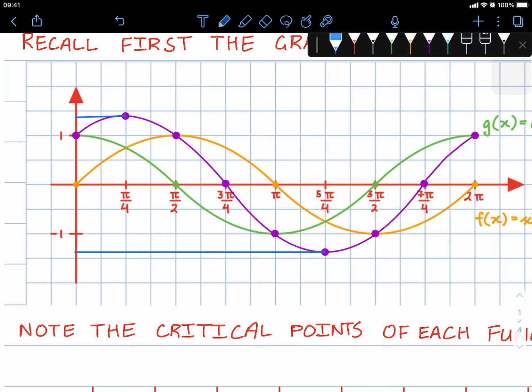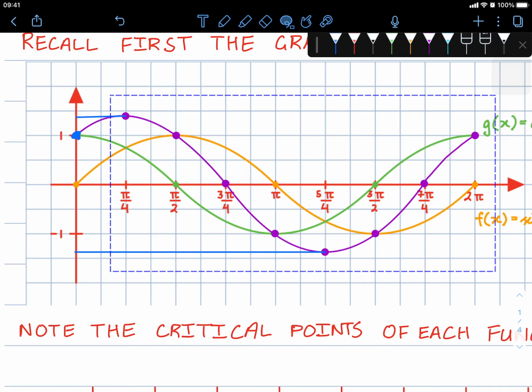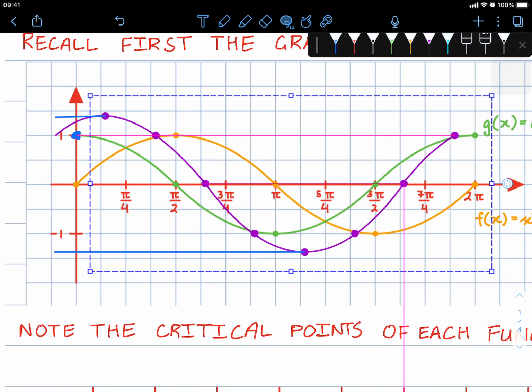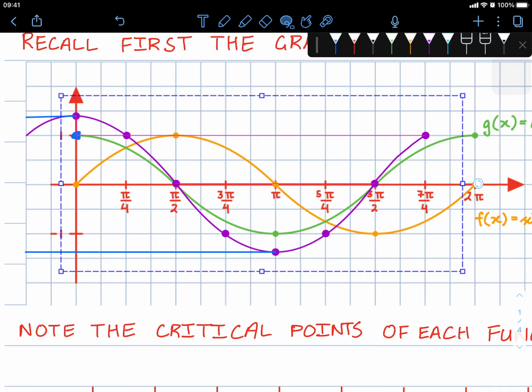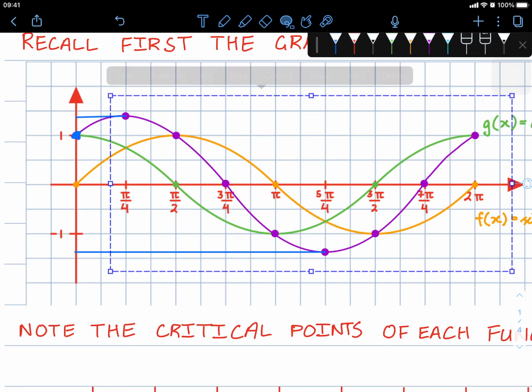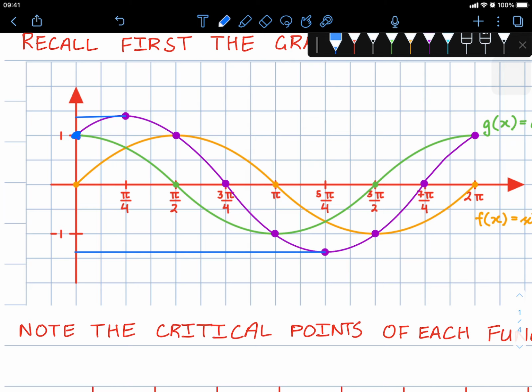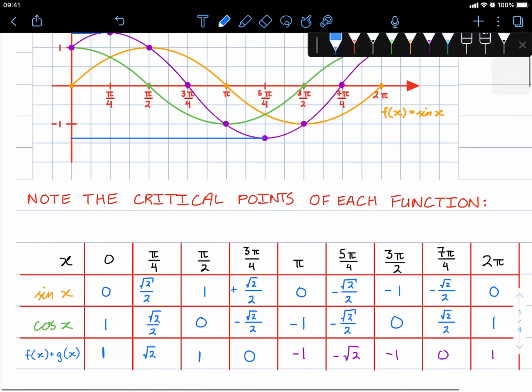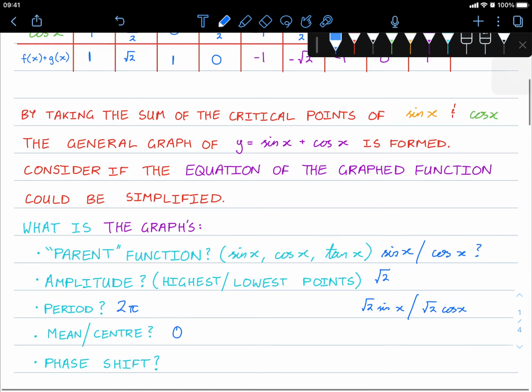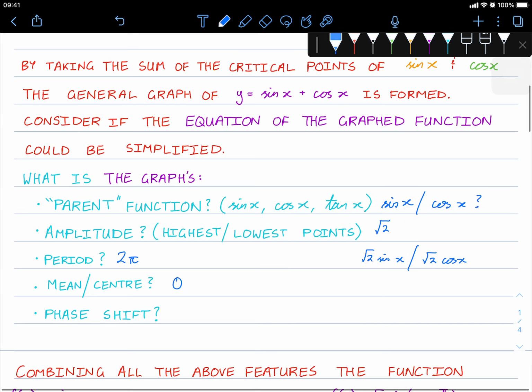Well, if it had been cosine, it starts here. Well, cosine, if it starts here, for this purple graph to have started as if it were cosine, it would have been like that. So that means it would have been shifted to the right pi on 4. So the phase shift looks to be pi on 4.